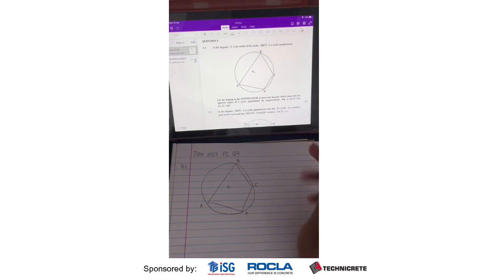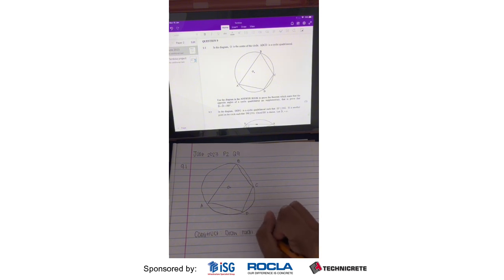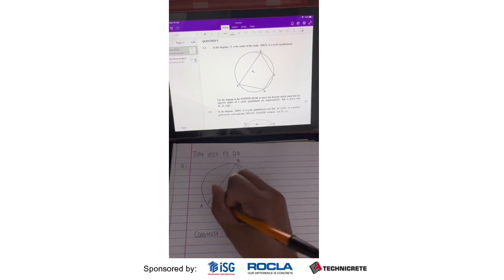The first thing that I'm going to do is a construction. So I'm going to write out what I'm going to construct, and I'm going to draw radii OA and OC. So let's draw that.